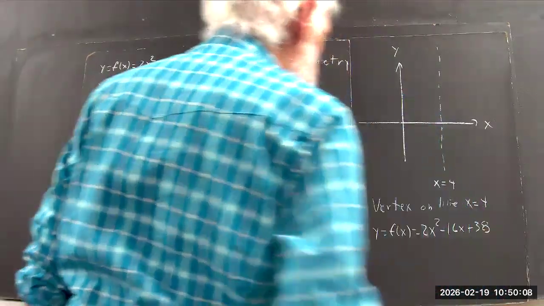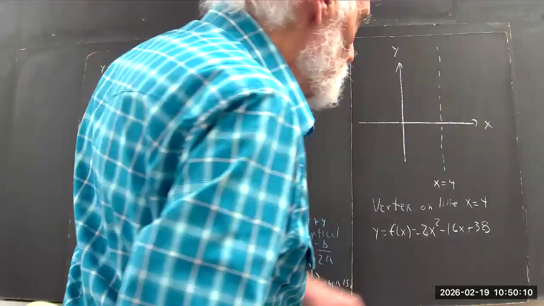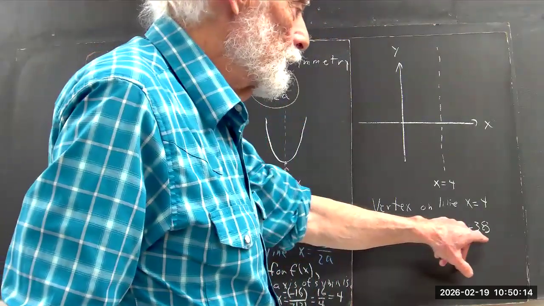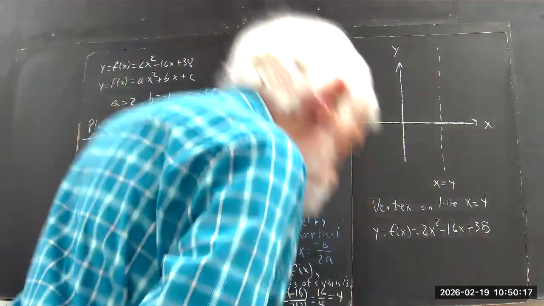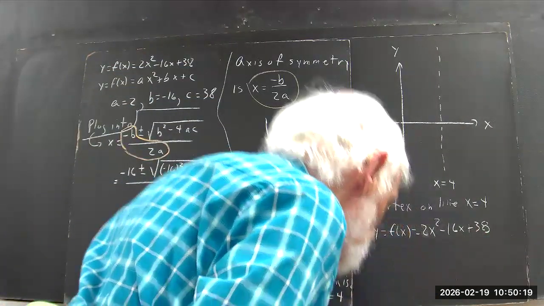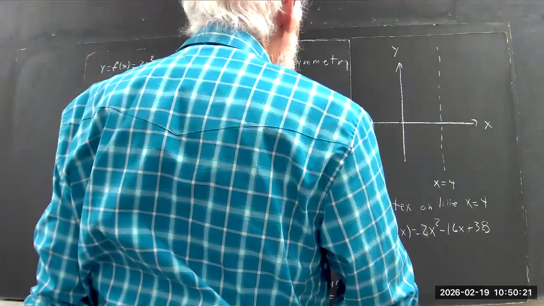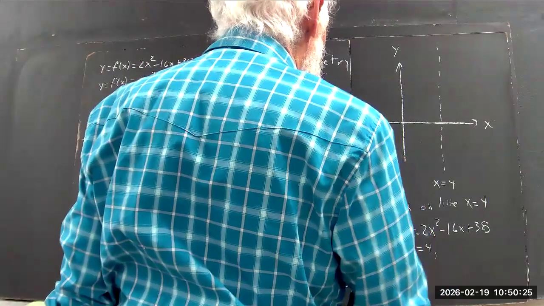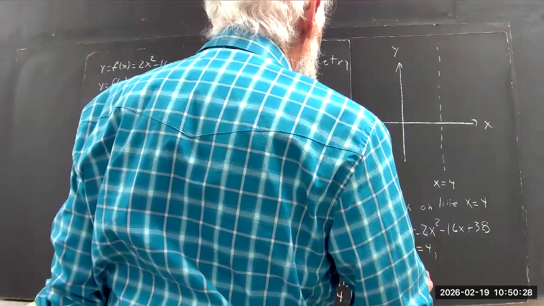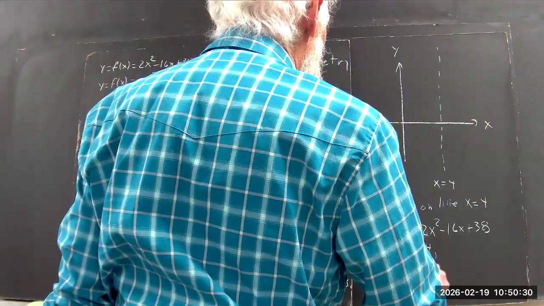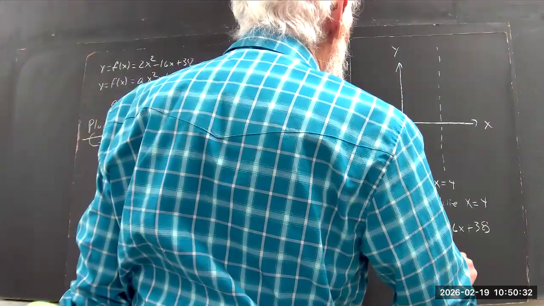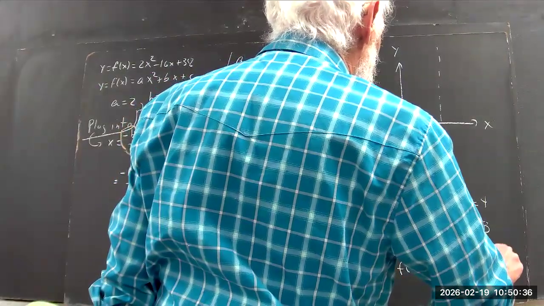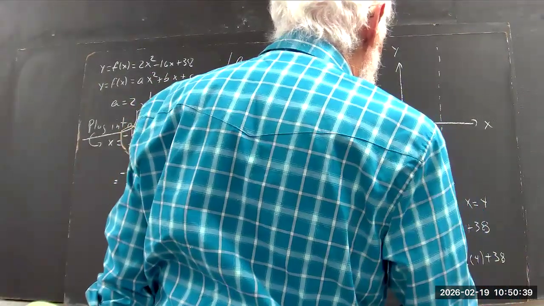Okay, so what I've written now, the vertex is on the line x equals 4. Y equals f of x equals 2x squared minus 16x plus 38. So if x equals 4, y equals f of 4, which is 2 times 4 squared minus 16 times 4 plus 38.